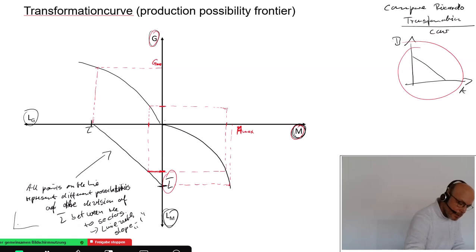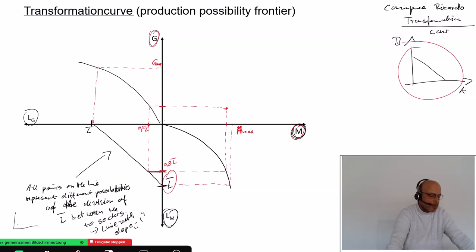And so the intersection of these vertical and horizontal line would be then our output combination given 80%. Let's say this is 0.8 L bar, and this would be then 0.2 L bar, given 80% of the people are working in the industrial sector and 20% in the agricultural sector.